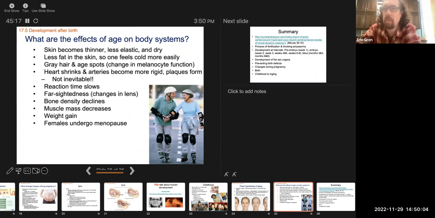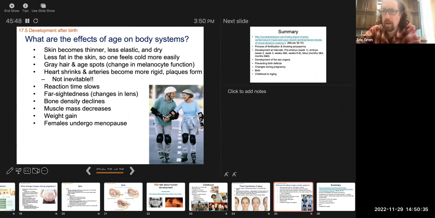We see that melanocyte function slows down. Those are the cells in your integument, the cells in the layers of your skin that produce melanin. They're what give our skin and hair its coloration. But as those melanocytes start to not function the same anymore, we start to lose the pigmentation, the color in our hair.